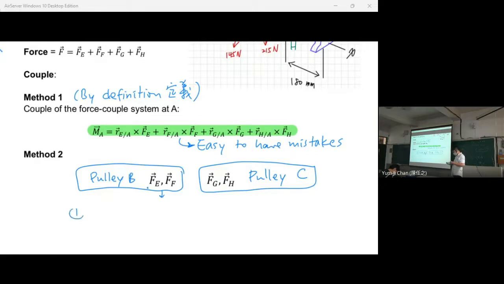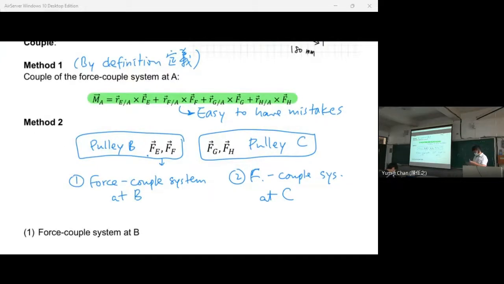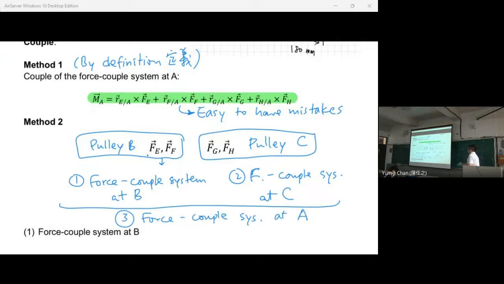We first calculate the force couple system at B, and then we calculate the force couple system at C, and then based on these two, we calculate the force couple system at A. Okay, we do it in 3 steps.